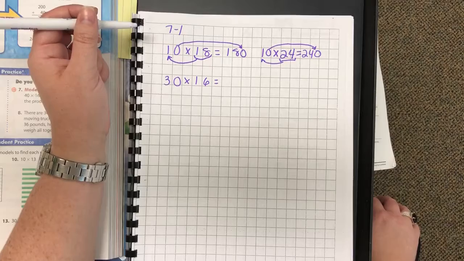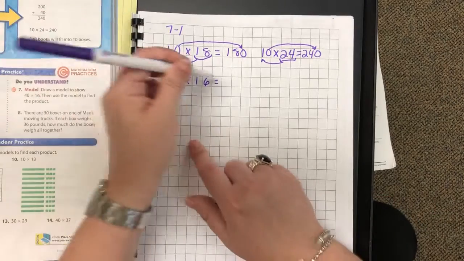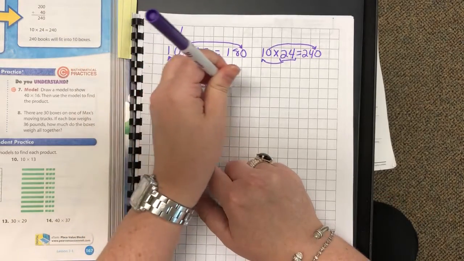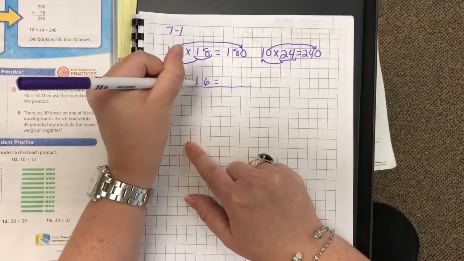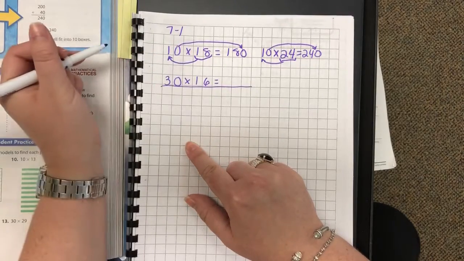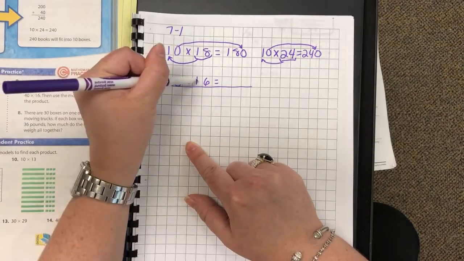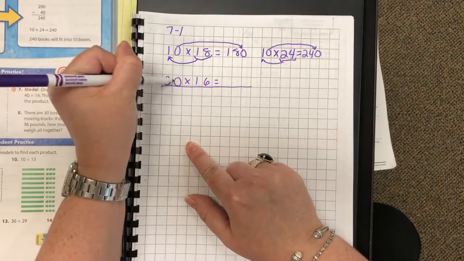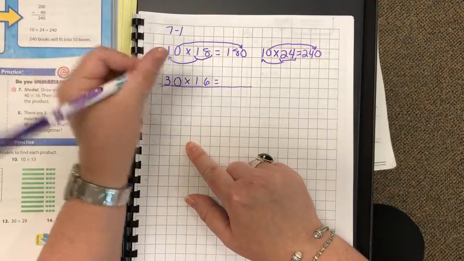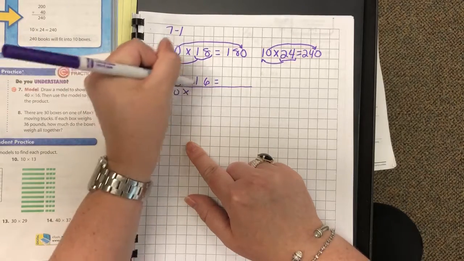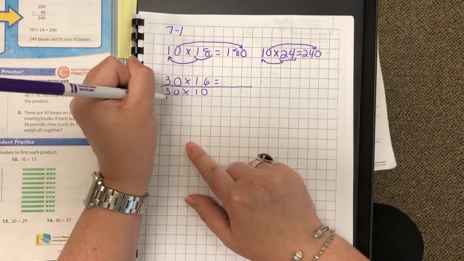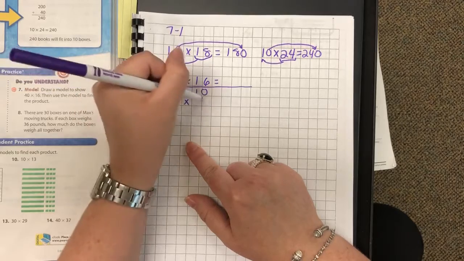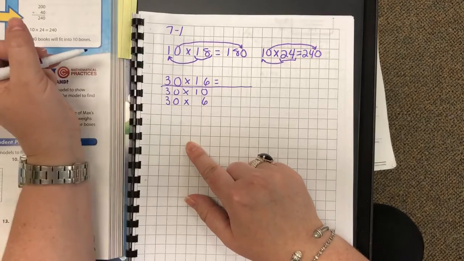I use the break apart method. I'm going to underline it like I've done before. And I'm going to break apart my double digit that has numbers higher than 0 in it. So anything in the 30s, any multiple of 10 stays put. 30 times 10 plus 30 times 6.